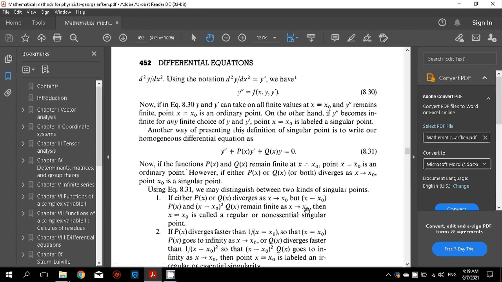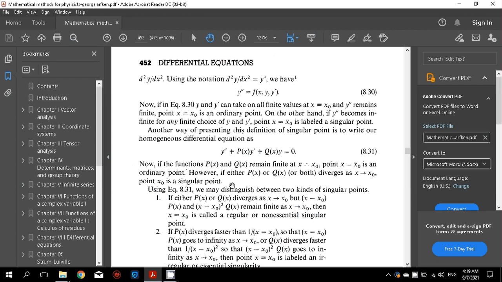Here x naught is the point of expansion, x is our variable, so it depends on whether the polynomials capital P and capital Q do not tend to infinity, that is, if both of them are finite, then our point of expansion is an ordinary point.